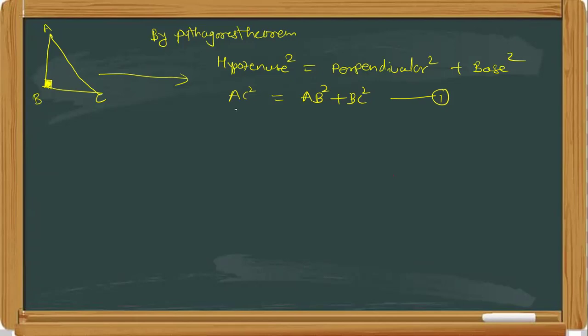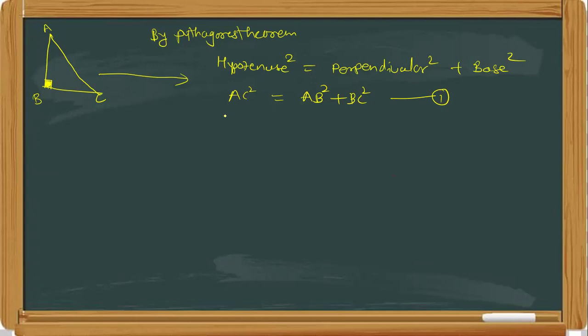Now my question is, I wanted to construct identities, that means the relation between various ratios, sine, cos, tan, cot. So can Pythagoras theorem be useful for that?